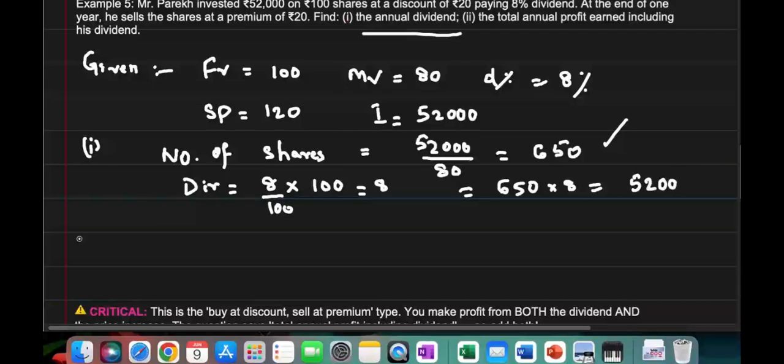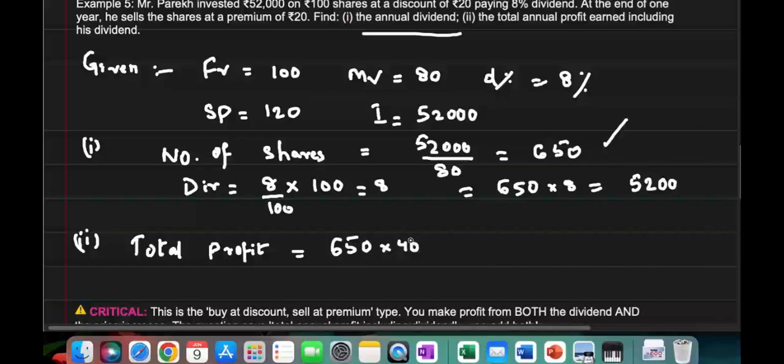Now, moving on. Next, total annual profit. Total annual profit means including the dividend, everything, whatever profit he has gained. So the total profit will be how much? First of all, 40 rupees on each share he got. So that will be 650 into 40 rupees premium he got.